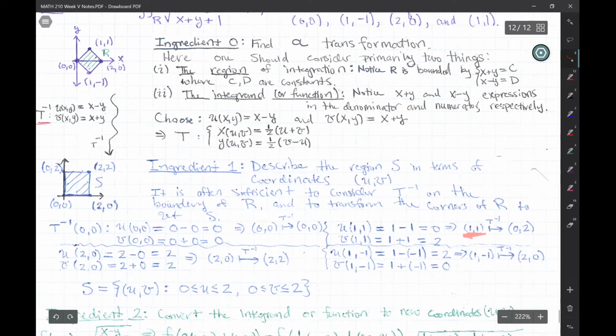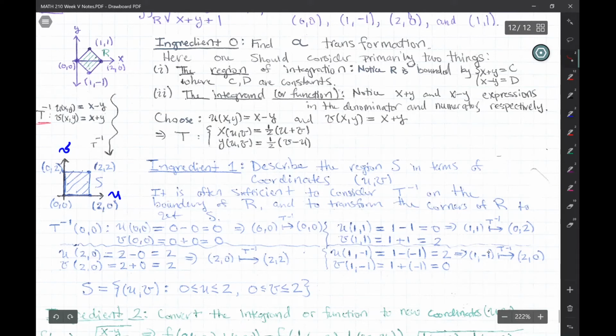It maps it to 0, 2 in the UV plane. In other words, this point here gets mapped to this point there. We could do the same thing with 2, 0, and we end up getting 2, 2. So this point here, 2, 0 in the xy plane, gets mapped to this point here in the UV plane. And let's emphasize here that this is the UV plane over there.